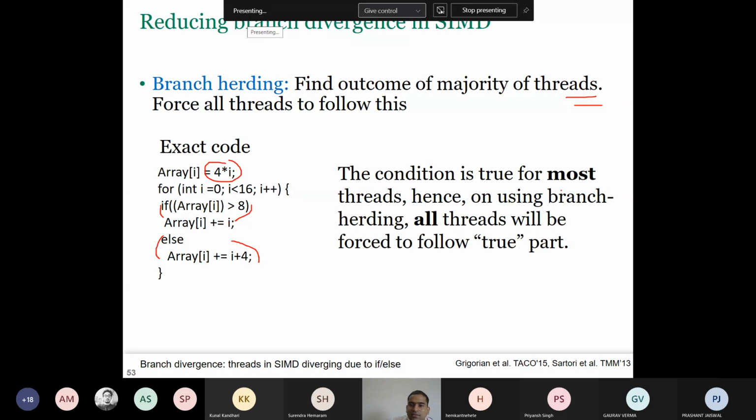We find that most of the threads are following the if part. So if we use branch herding, then we'll force all the threads to follow the true part. That means all 16 threads will be forced to follow this path. Now some error will be introduced because their new value will be different from what it should be. But the point is that execution time is reduced. That is what approximate computing is here.